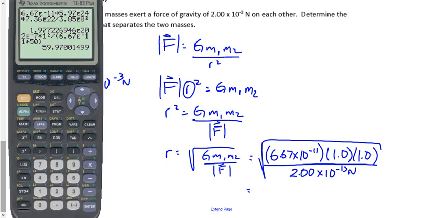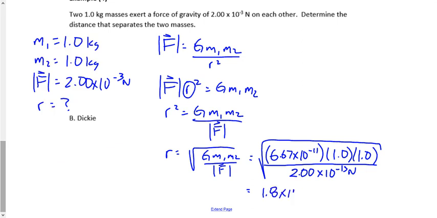Let's say 6.67 times 10 to the negative 11, times 1, times 1 again. Let's divide that by 2 times 10 to the negative 3. Let's square root that. And when we do, we get a value of 1.8 times 10 to the negative 4 meters.